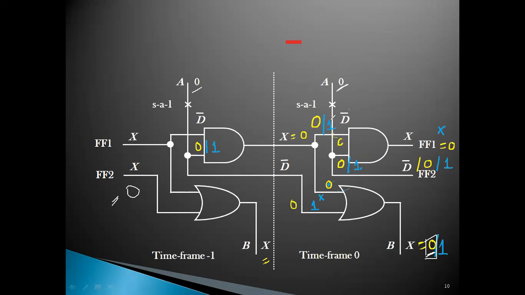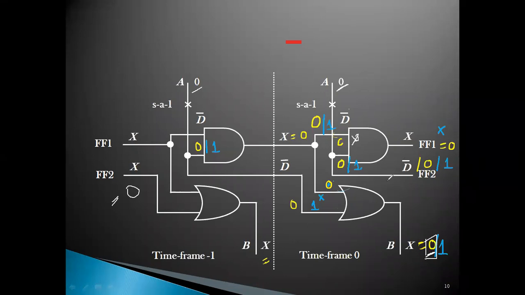Now when the fault is there, same analysis, I apply 0, but since the line is stuck at 1, the blue values are going to indicate the circuit values now. So यहाँ पे 1 आ गया, you are getting one on this input, और यहाँ पे अभी मुझे कुछ नहीं पता है, x है, because अभी मुझे पीछे से वैल्यू it is not determined, so we don't know.